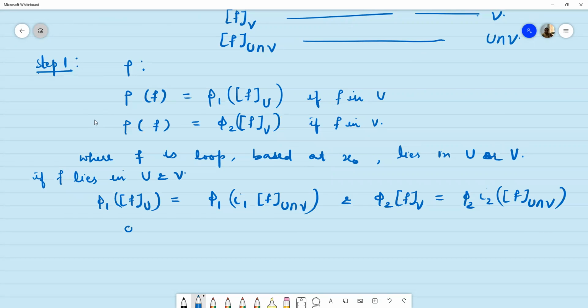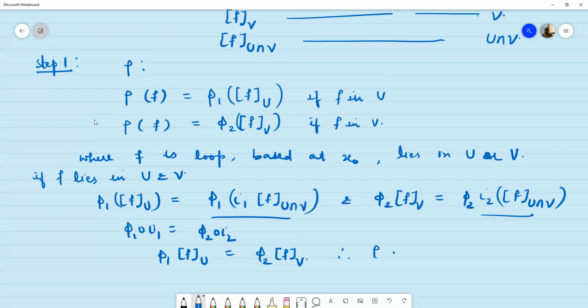And it is given to us that phi 1 circle I1 is equal to phi 2 circle I2, so these two elements are equal. That means phi 1 at f_U and phi 2 at f_V are equal. So if we define rho by phi 1 of f_U if f lies in U, and by phi 2 of f_V if f lies in V, and f lies in both U and V, then these two are the same. That means rho is a well defined map.